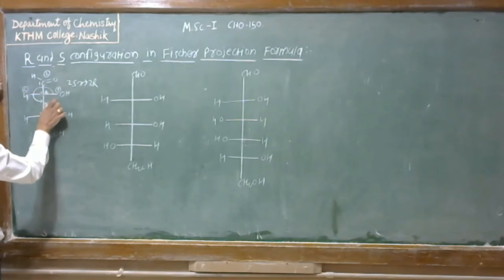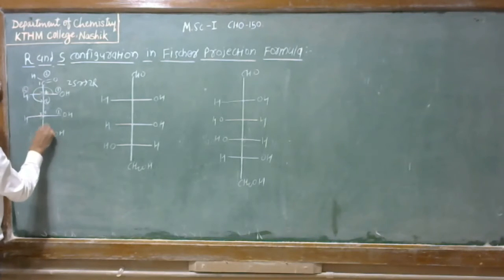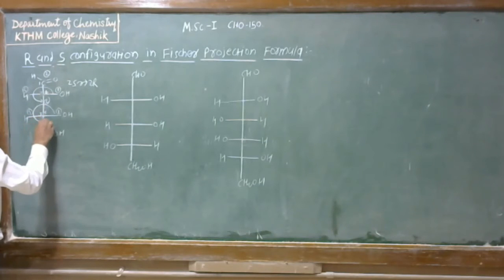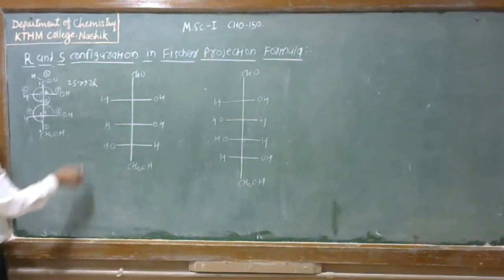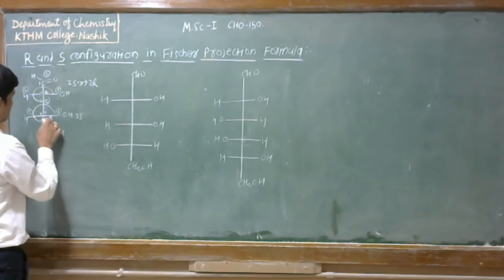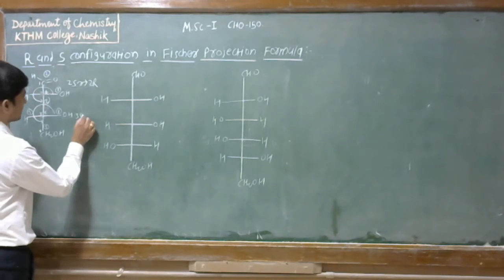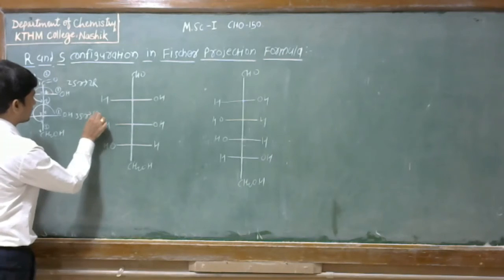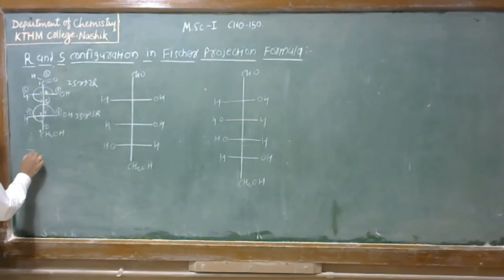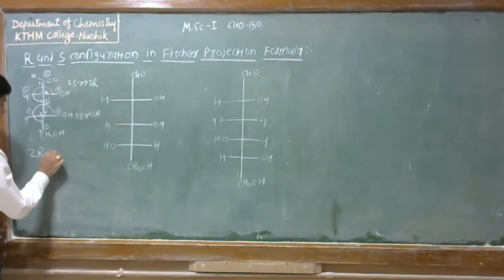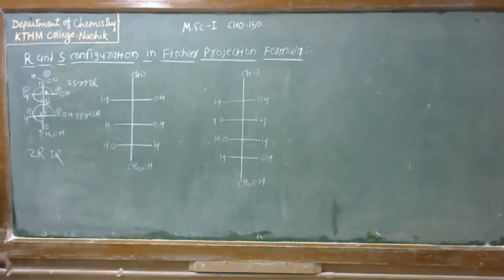Therefore, this has the second priority here, and this has the third priority, and this hydrogen has fourth priority. So we move from 1 to 2 and 2 to 3 here. So this is 3S because the rotation is anticlockwise. 3S is converted into 3R. So the configuration is 2R, 3R here.